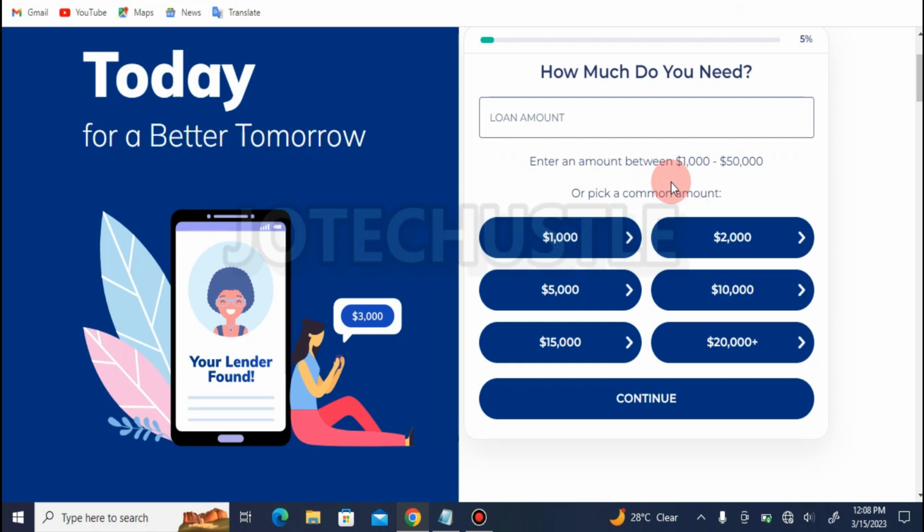You can check online lenders, traditional banks, and credit unions to see which one offers the best deal for you. Make sure to read the fine print and understand the loan terms and conditions such as interest rate, repayment period, and any fees or penalties.